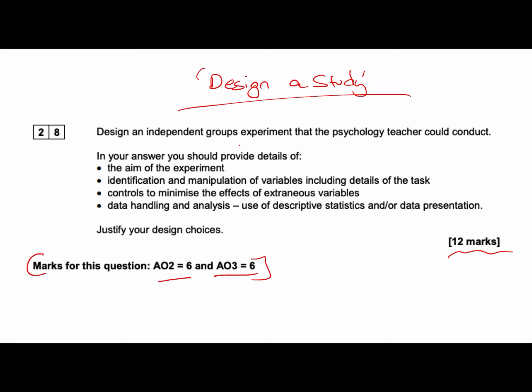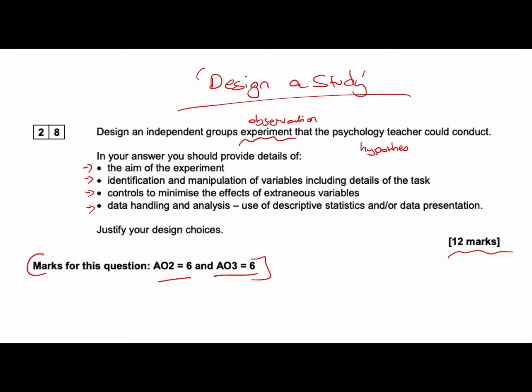In this case, it's asking you to design an experiment, but of course you may get asked to design an observation, you may get asked to design a study using self-report, any type of research methods, including correlation. So it's really important that you make a note of what's required in the dot points. They will say explicitly what information they want. Sometimes you might be asked to write the hypothesis.